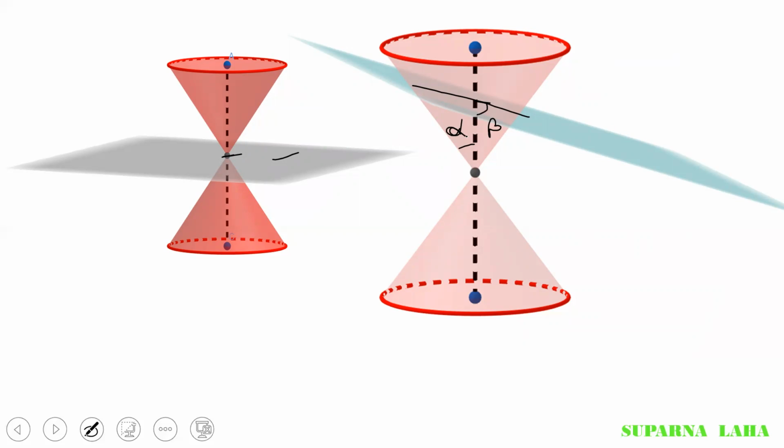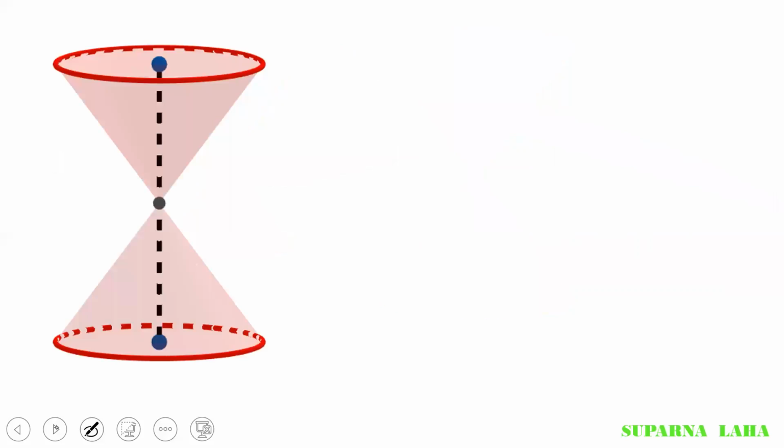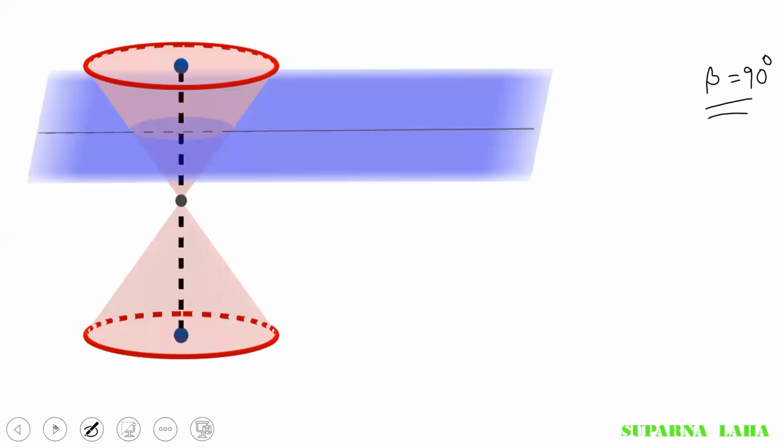According to this beta, it will form some particular geometrical shapes, which are called conic sections. If the plane makes an angle of 90 degrees with the axis, that is, beta equals 90 degrees, then it will look like this.